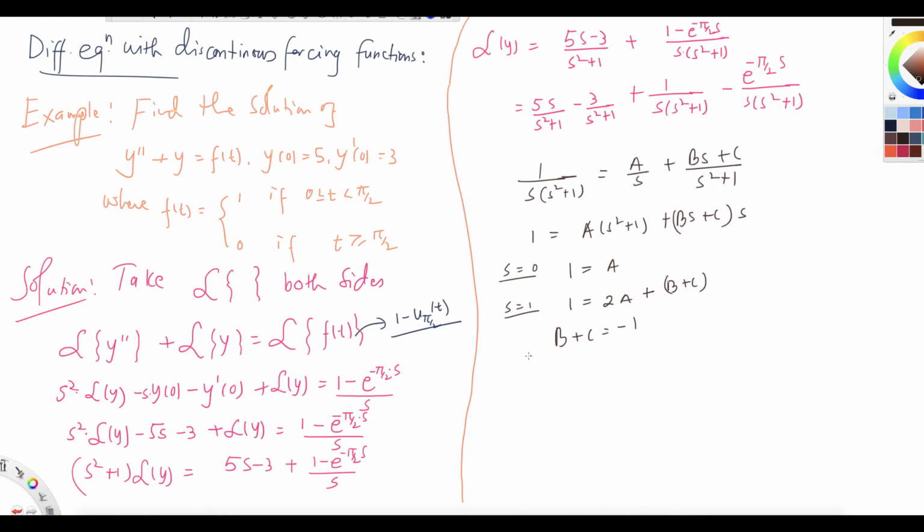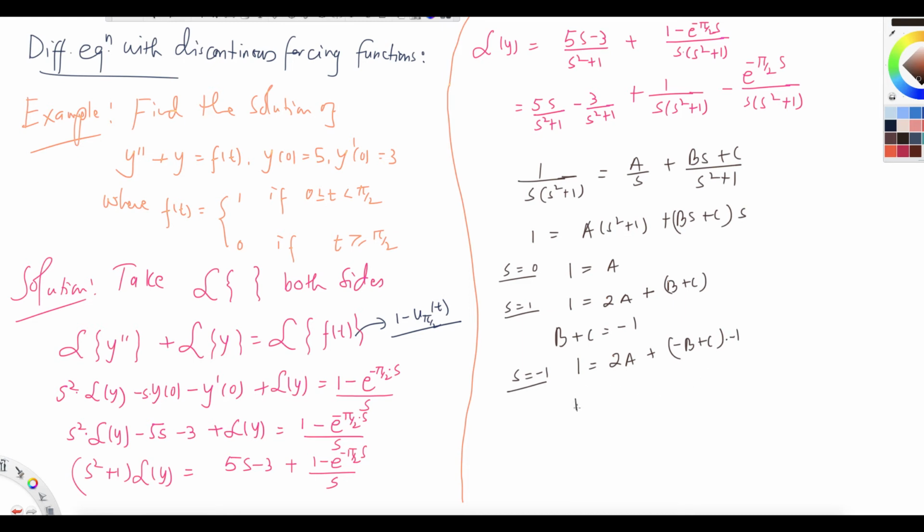So how about if you take s equals -1? What do you get here? If you take s equals -1, basically you get 1 equals 2a plus b times -1 plus c times -1 times -1, right?